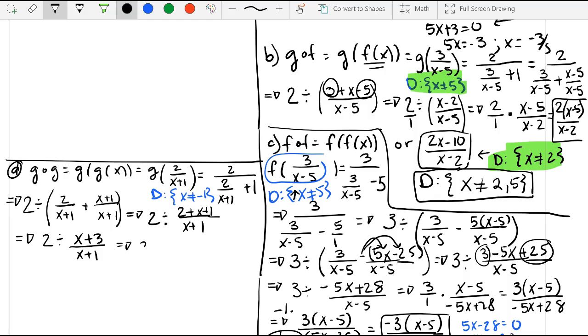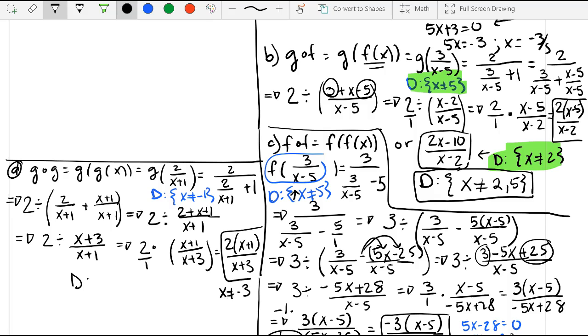And from here, we will multiply by its reciprocal and make the 2 into a fraction. So this is the reciprocal of x plus 1. So now you have 2 times the quantity of x plus 1 all over x plus 3. You can leave this as your answer, or you can distribute your 2 out. It doesn't really matter. But keep in mind that this cannot be -3.